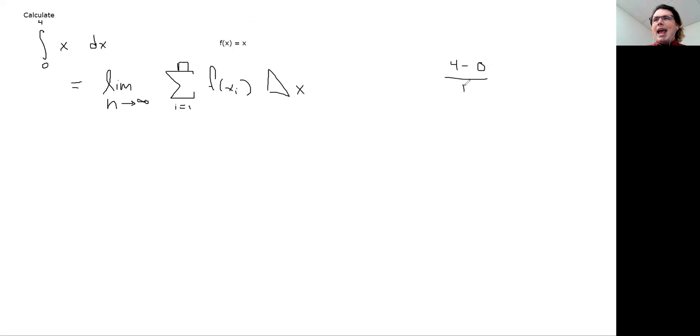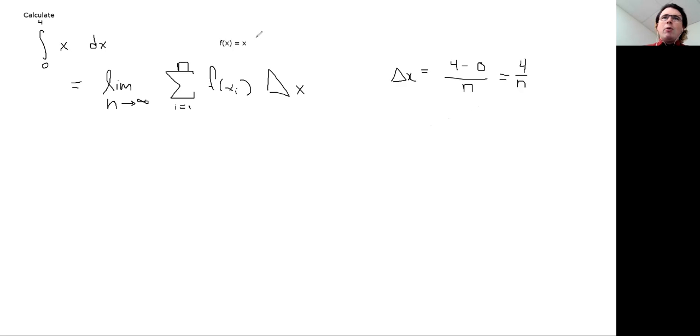If I divide by n, that tells me that my delta x is the number 4 divided by n. So I'll get a slightly different width number depending on what n actually is. But this will be a useful formula when it comes time to calculate this limit.